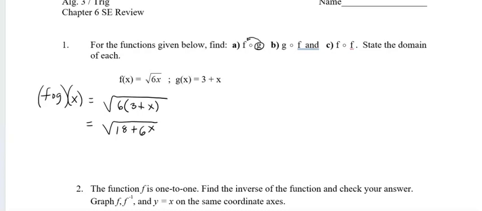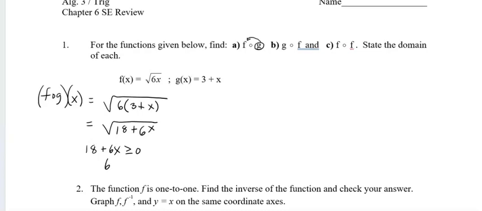So we got to be careful with radicals. We can't input a number for x that would cause this number underneath the radical to be negative, since this is a square root. And so to catch that number, we're going to set this little inequality up so that we can identify what those numbers should be that are okay to be input in for x.